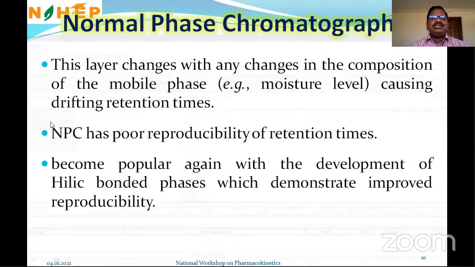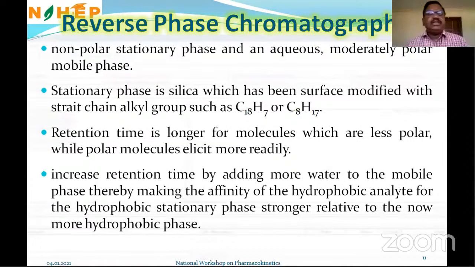That variation makes analysis difficult in pharmacokinetic studies, but we can still use it to identify residues or isomers. For that purpose only it is used. Normal phase chromatography has poor reproducibility of retention times, though it has become popular again with the development of helical bonded phases, which demonstrate improved reproducibility. Coming to reverse phase chromatography, a non-polar stationary phase and an aqueous, moderately polar mobile phase are used here.